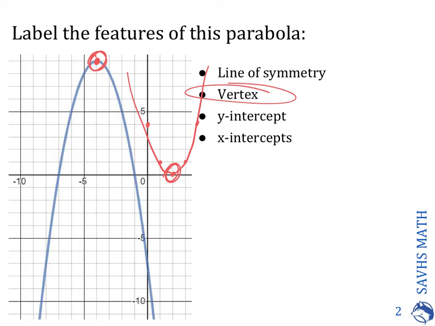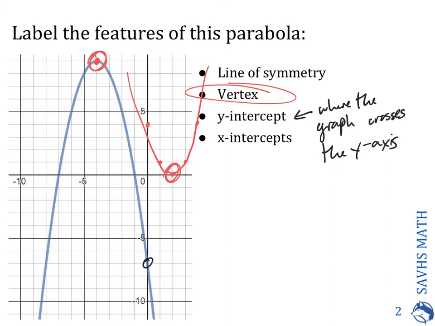The y-intercept is where the graph crosses the y-axis, and this is sort of the same vocabulary as what we use for lines. Just kidding, I wrote x. I meant the y-axis. So right here is where the y-intercept is on this blue graph.